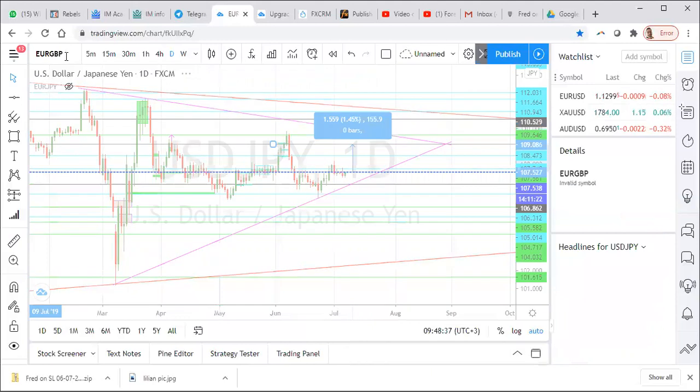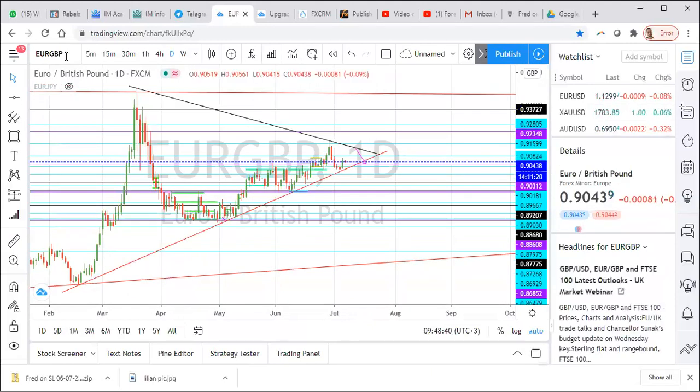I don't really like Euro GBP. I think I'm done with Euro GBP, to be honest. But right now it has respected my structure. I was up here and it did come all the way down. This is a very strong supply demand zone.